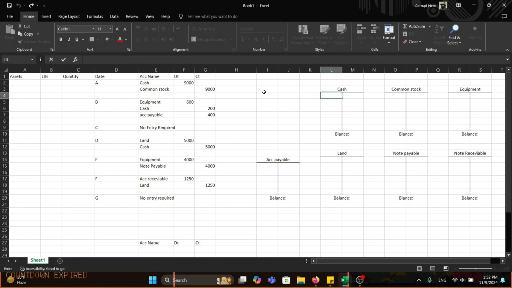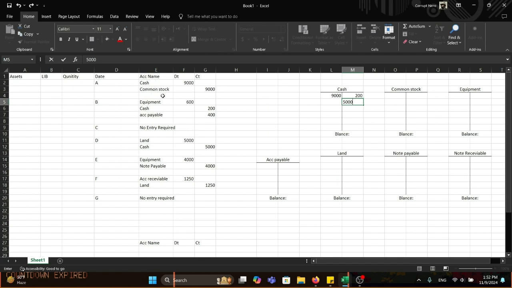So we have in cash 9,000 in debit side, write that. And we also have in credit as well over here, 200, and we have 5,000. So you're gonna write over here 200 and below it 5,000. That's it for cash.